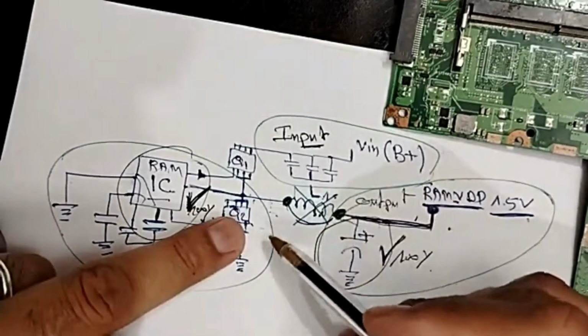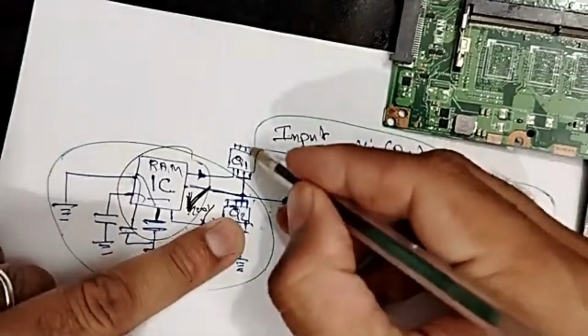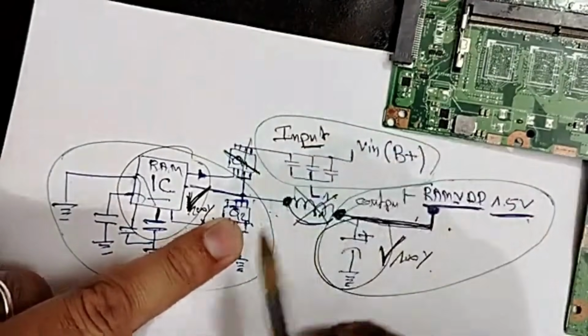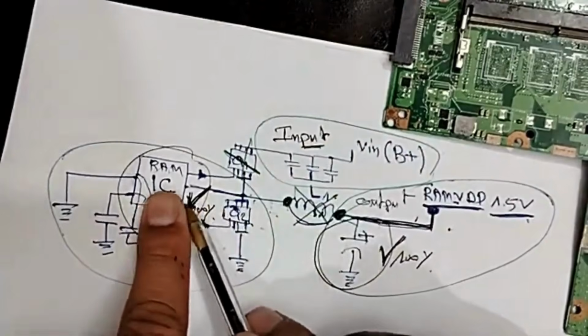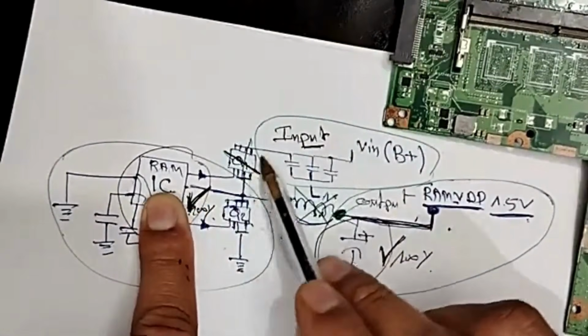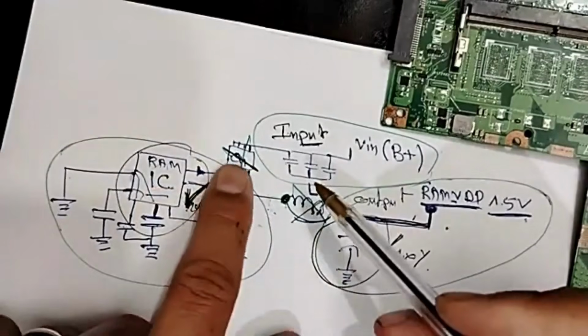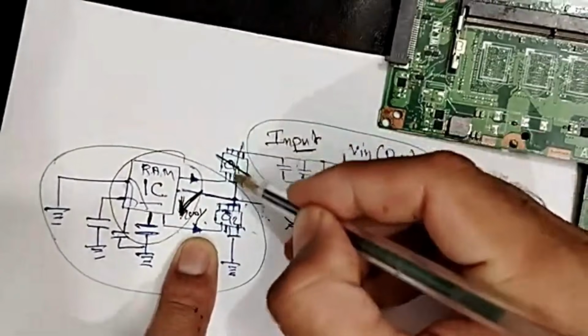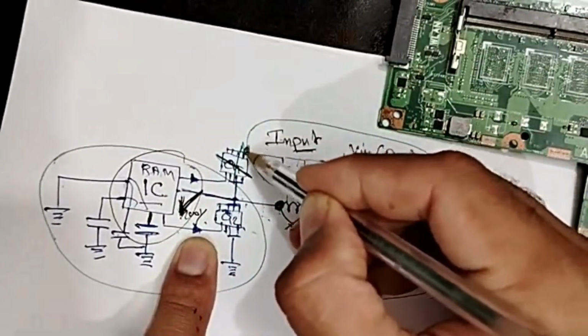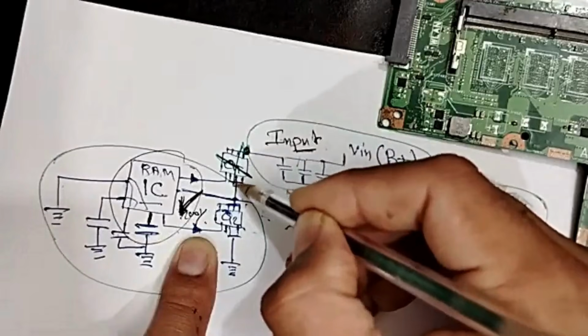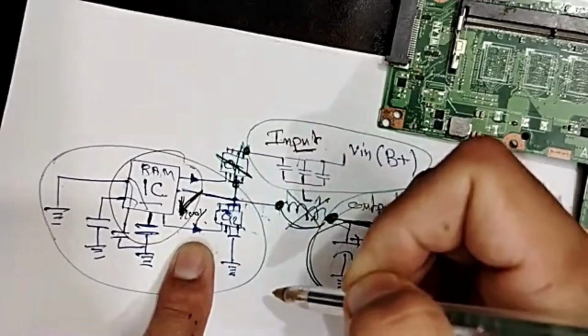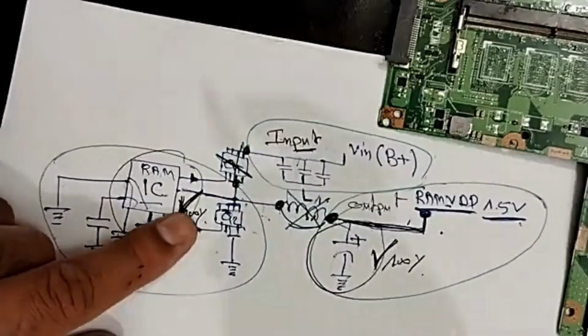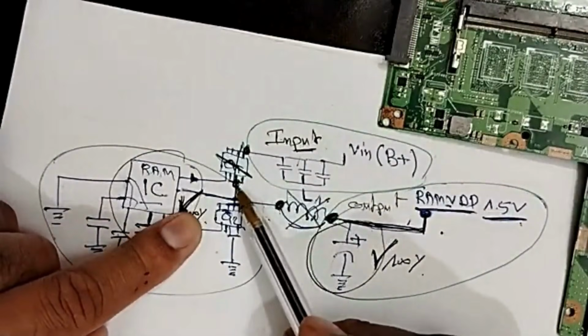So in this case, we remove the MOSFET, this one, because between this stage and this stage, the only connection is the MOSFET, as you can see. If you remove the MOSFET, you have this point here and you have this point here. Nice. So you will check here and here.